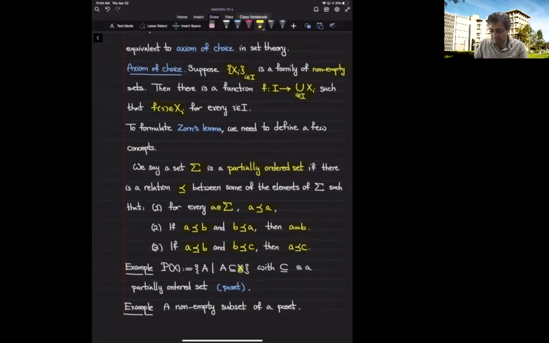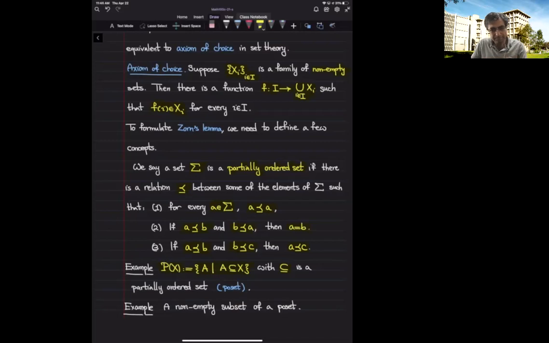So if I give you a non-empty set and consider all the subsets of this, then with inclusion, the power set of X with inclusion forms a poset, because if I give you two subsets, I can ask myself whether or not A is a subset of B. If A is a subset of B and B is a subset of A, of course A and B are equal. If A is a subset of B and B is a subset of C, then A is a subset of C, and everything is a subset of itself. So power sets and inclusion form a poset.